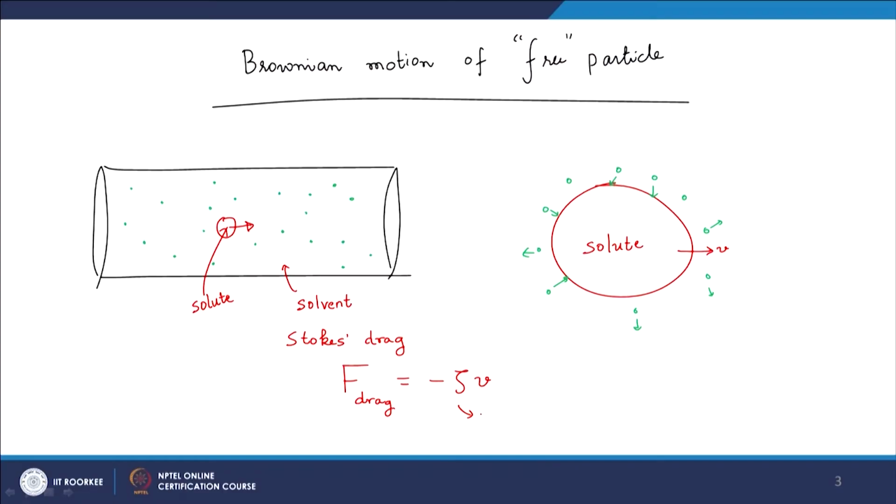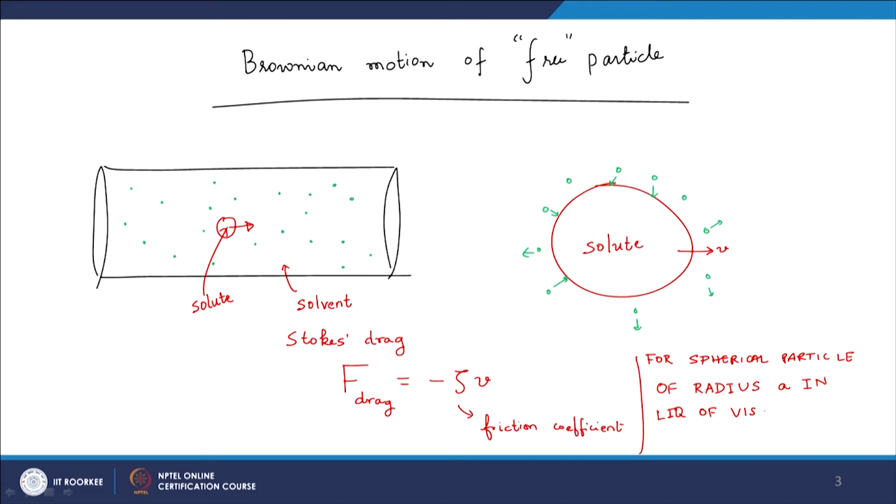And then this zeta is referred to as the friction coefficient, and for a spherical particle of radius a in a liquid of viscosity eta, we have the Stokes relation zeta is equal to 6 pi eta a.